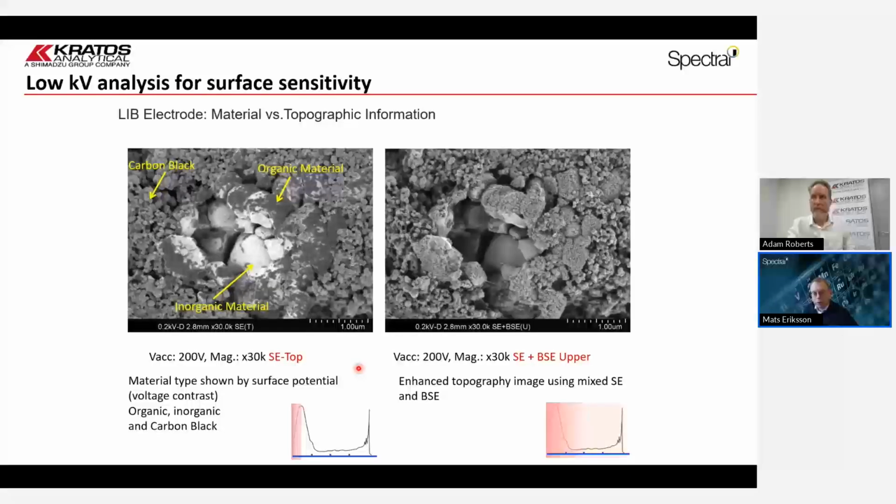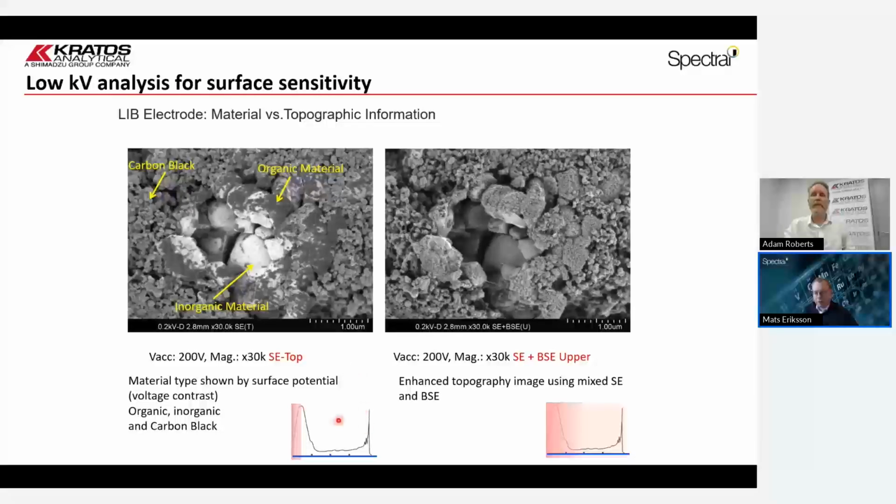If I add an energy selective electron detector in the SEM, which many advanced SEMs start to have, you can see on the energy scale the secondary electron peaks on the left side and the sharp backscatter peak on the right side.